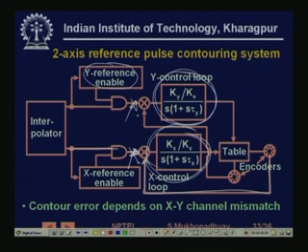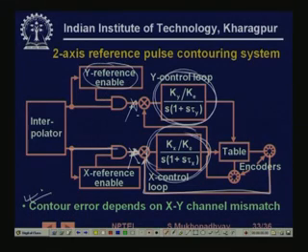This is an architecture for generating contours. Basically it is nothing but a composition of two axis drives, but we must remember that the contour error depends on the XY channel matching. This is very important.